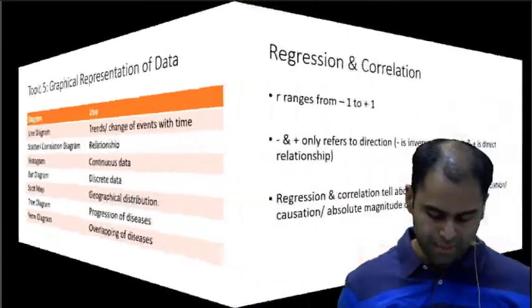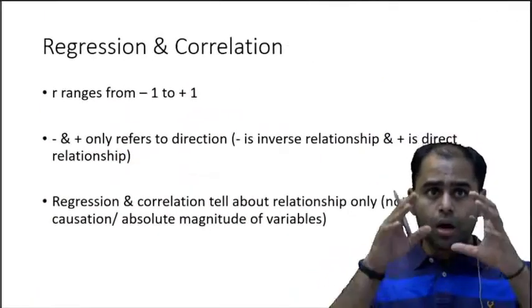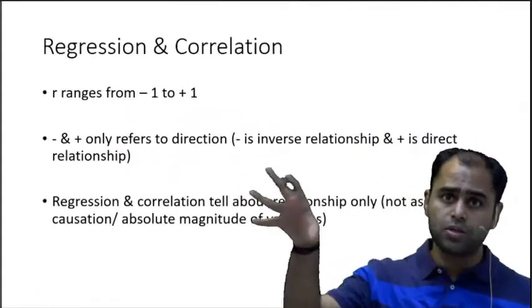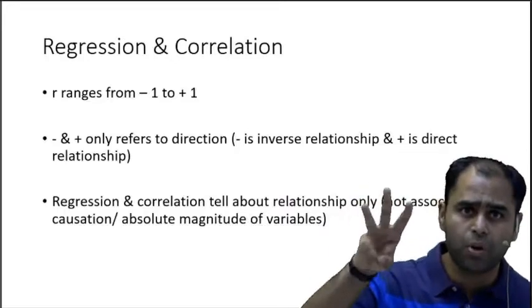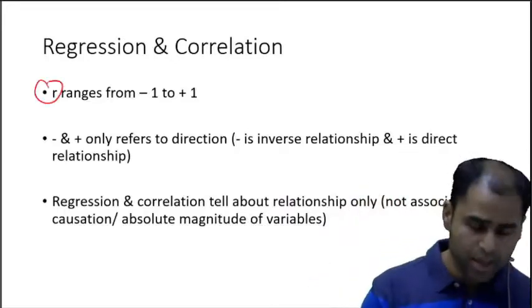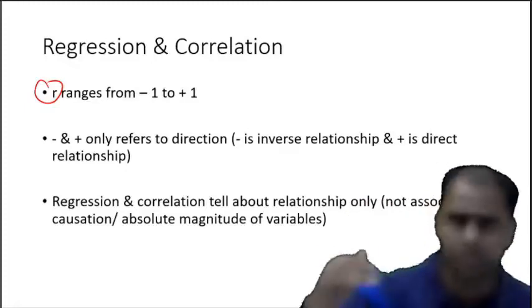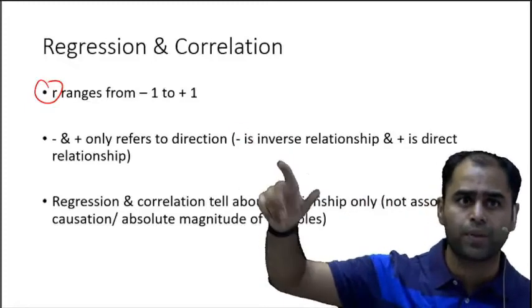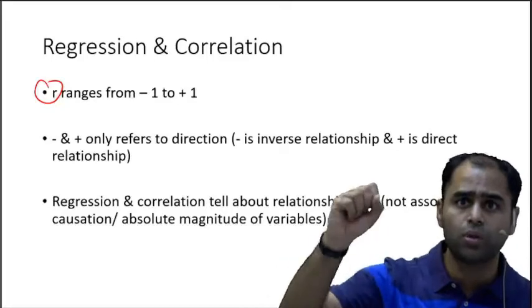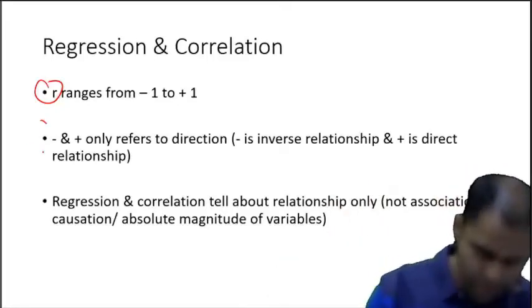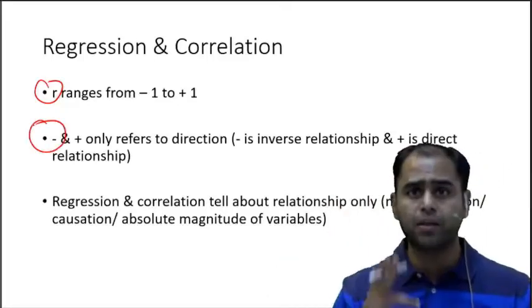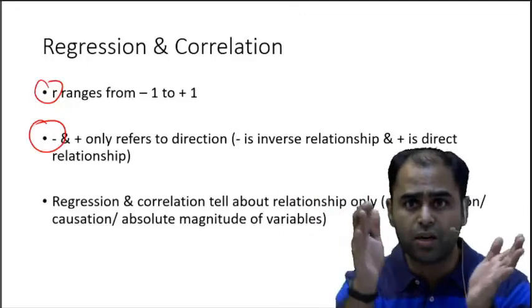Yes? Okay. Now, in regression and correlation, which tells you relationship, there are three important points. R ranges from -1 to +1. So if they ask you a question where R is 1.6, it is wrong. Minus and plus only tell you about direction, which means if a mother smokes, the baby's weight reduces.